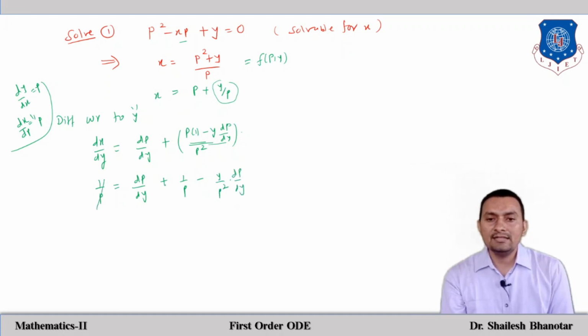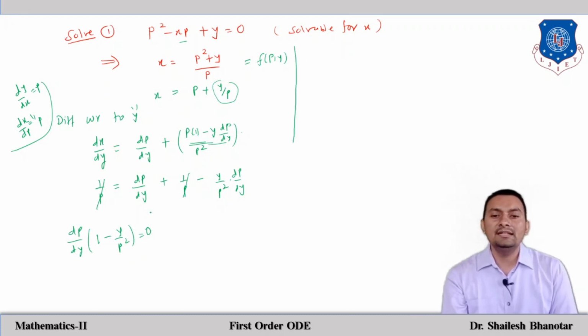So here you can see that this is going to be cancelled out, and whenever we take dp by dy common, what I will have is 1 minus y divided by p square equal to 0. But we have already discussed in the previous method that whenever we have two factors, if one of the factors does not contain dp by dx or dp by dy, then we are not going to consider that factor.